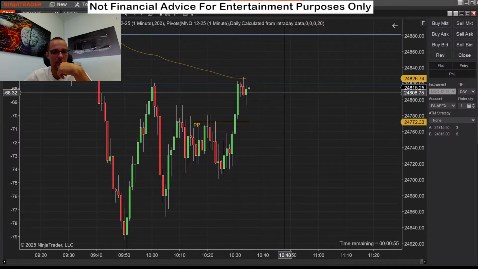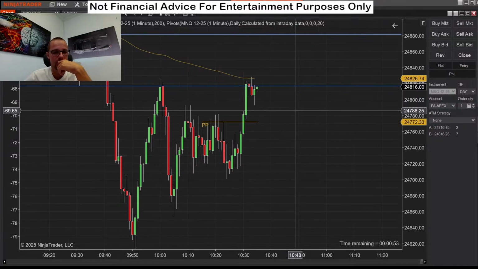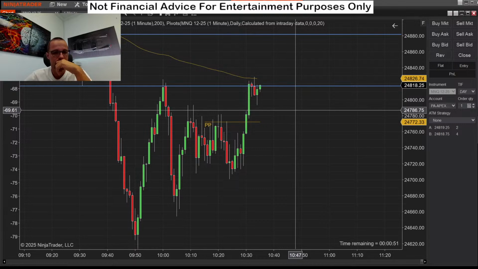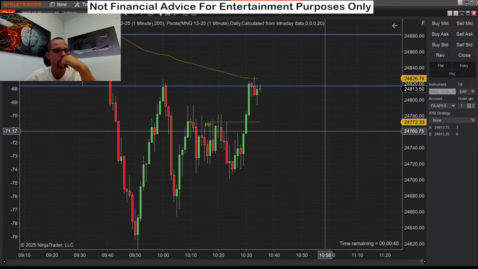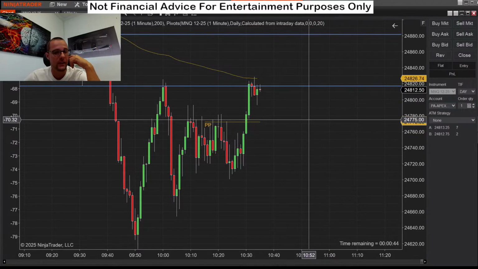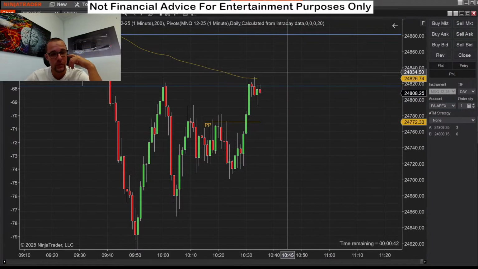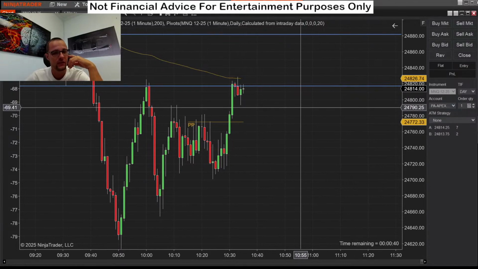Holding the bottom of this range as resistance. And you kind of see how much struggle it's having getting through it, right? There's a reason price is struggling right there.